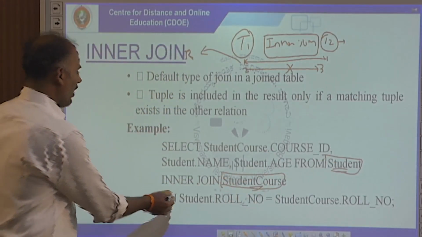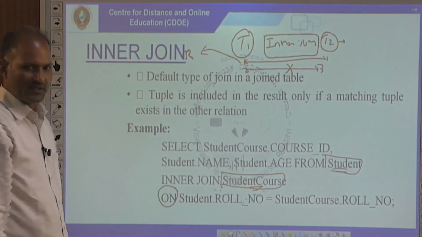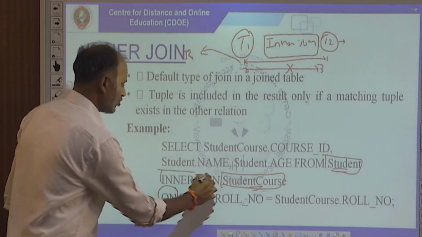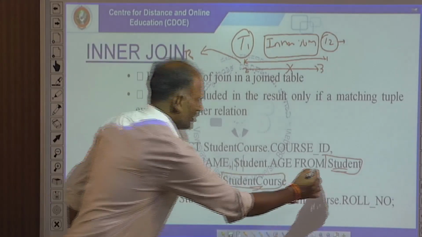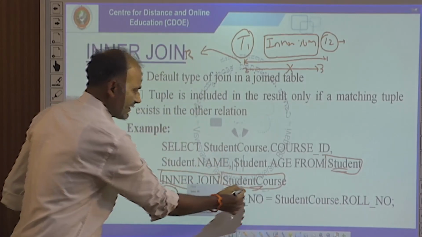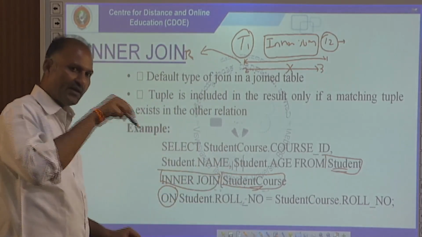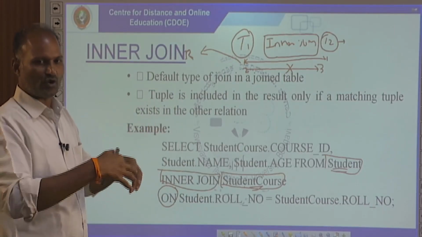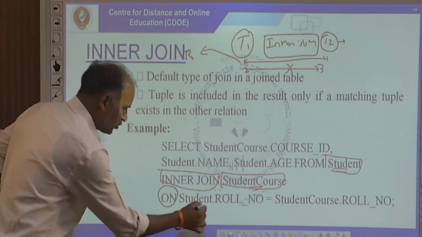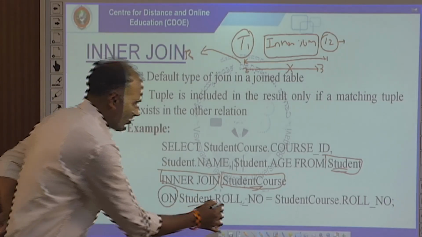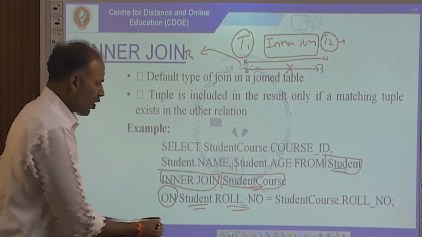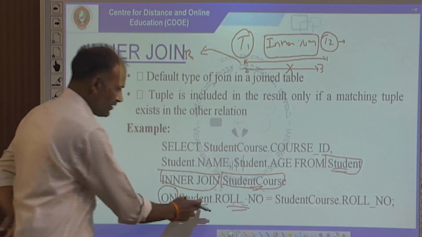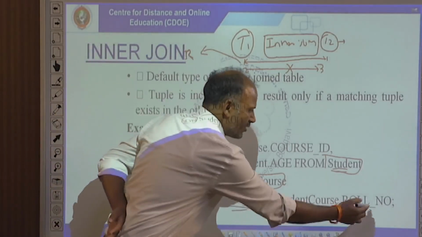ON is a keyword. So inner join: the first table joins with the second table, on which field that you want to make a join. In the student table there is a field called roll number. Join this roll number of student with the student course dot roll number.